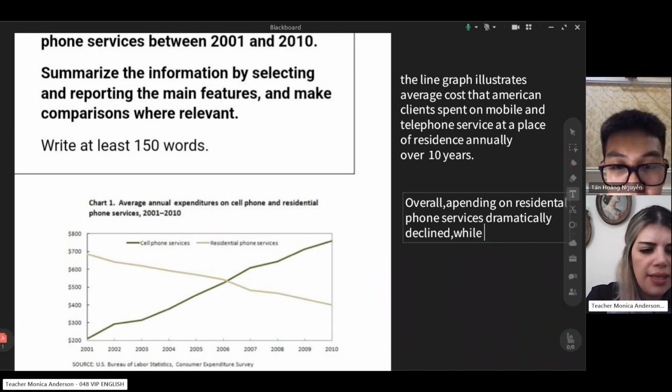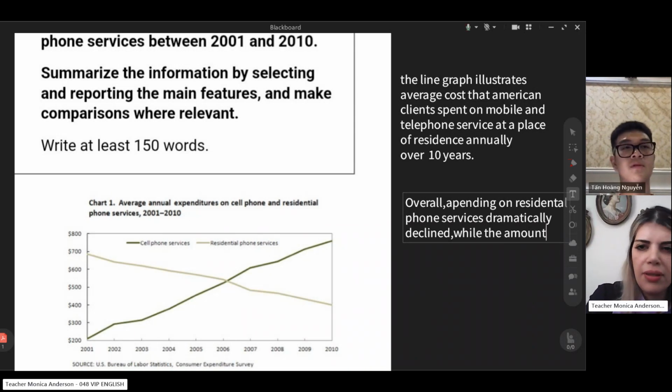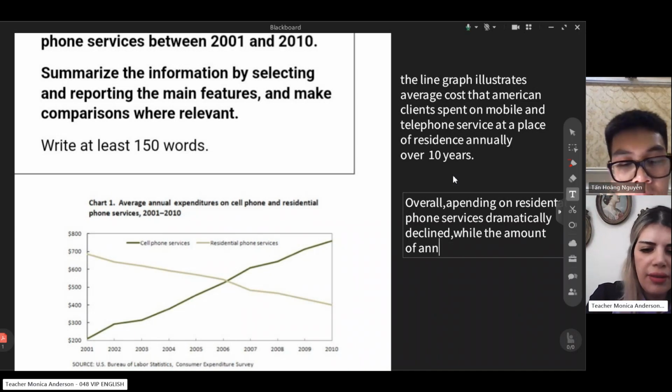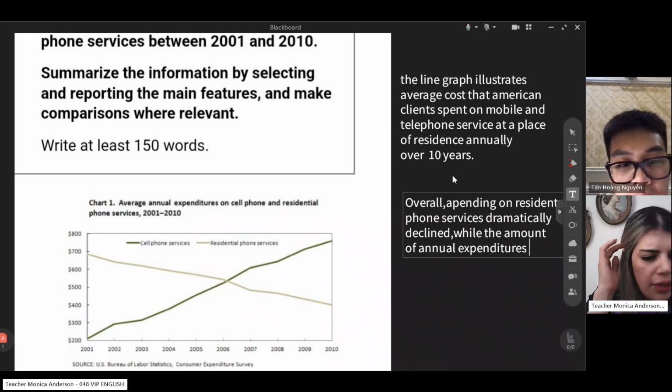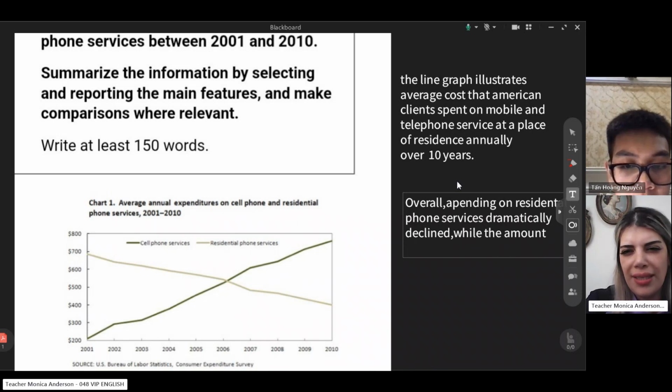a comparison. So we can say while the annual expenditures on cell phones. Let me change it. No, it's a little detailed.